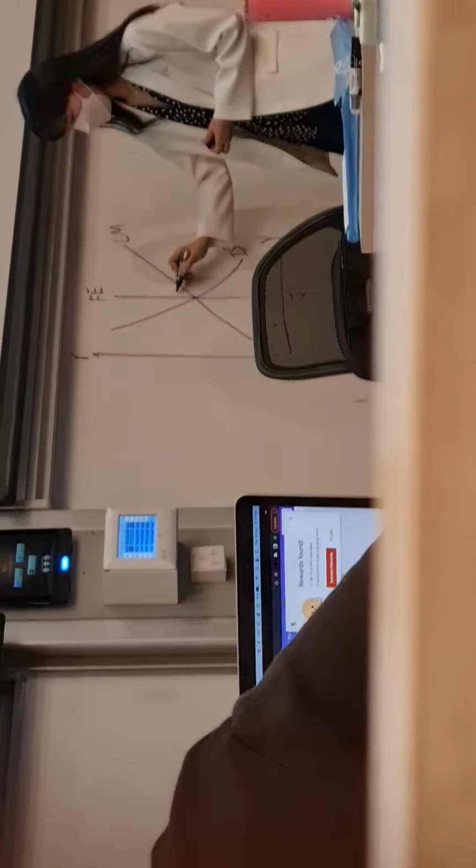When P goes up, the real money supply declines. M over P declines. Therefore, the equilibrium interest rate will go up.